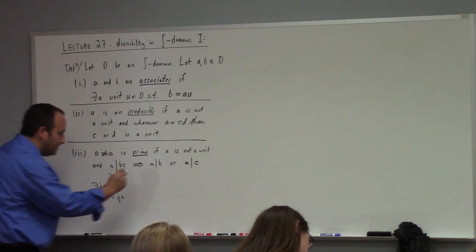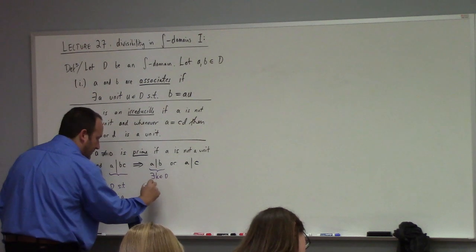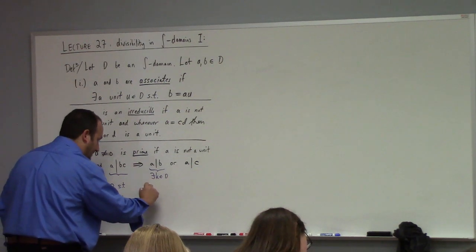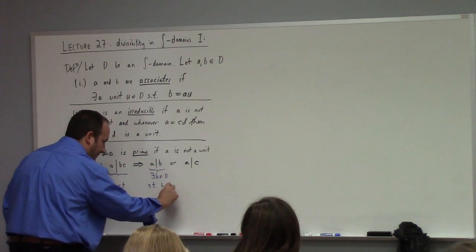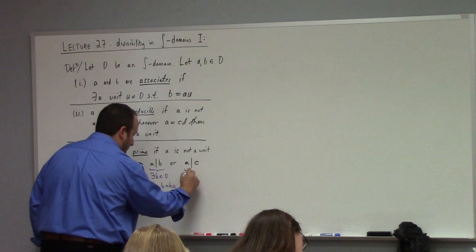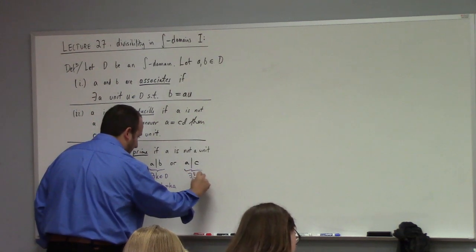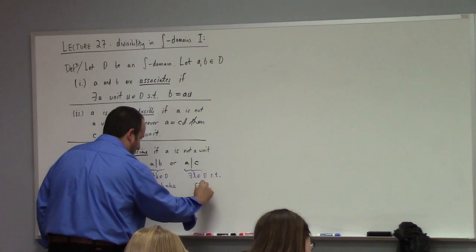And A divides B means there exists K in the integral domain D such that B is equal to KA. And A divides C, of course, means that there exists an L in the domain such that C is equal to LA.